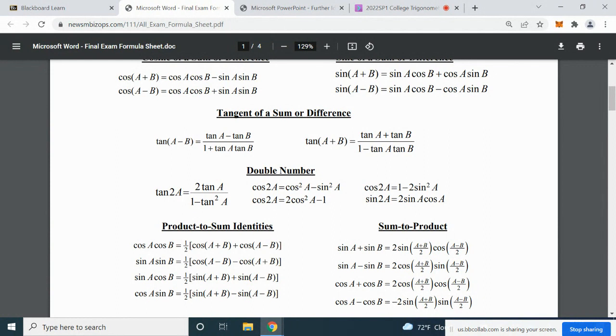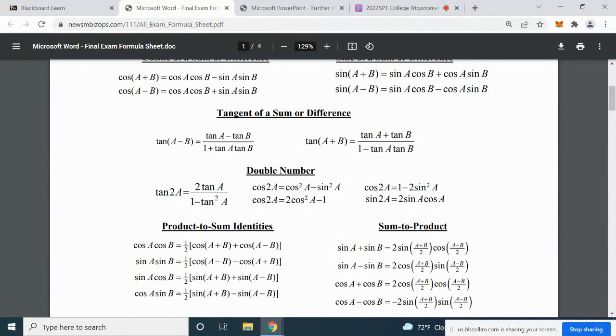In order to use that formula, you only need to know the cosine. And then there's the final formula for the double angle of cosine, and it's 1 minus 2 sine squared A. In order to use that particular formula, you must know the sine value. So the formula that you use depends upon the information that you have.